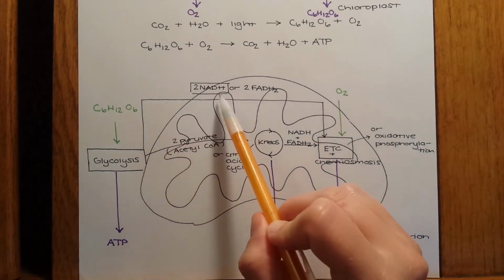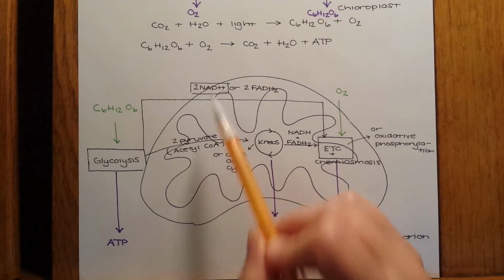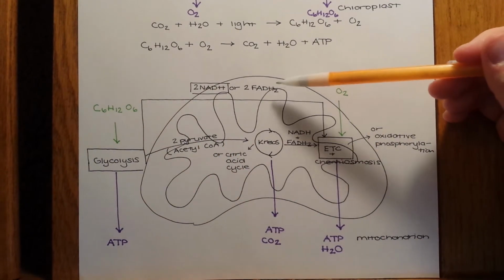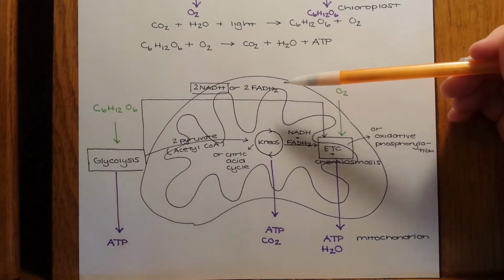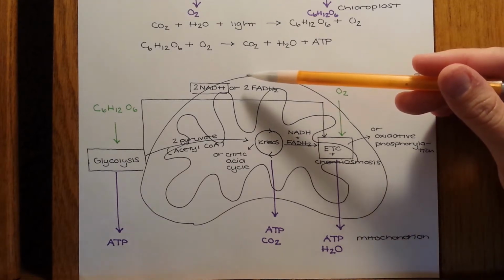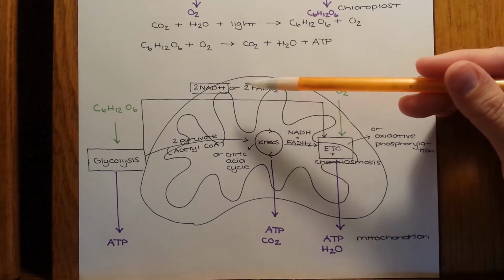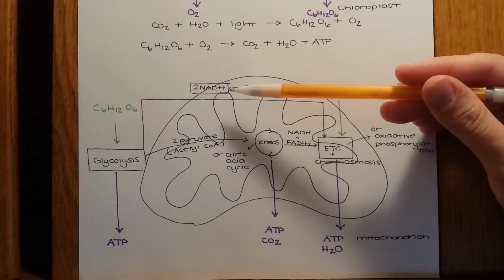Glycolysis also makes 2 molecules of NADH. Sometimes you'll see it as 2 FADH2. I'm going to stick with 2 NADH just so there's not as much confusion there. But remember that we are reducing NAD plus to NADH.